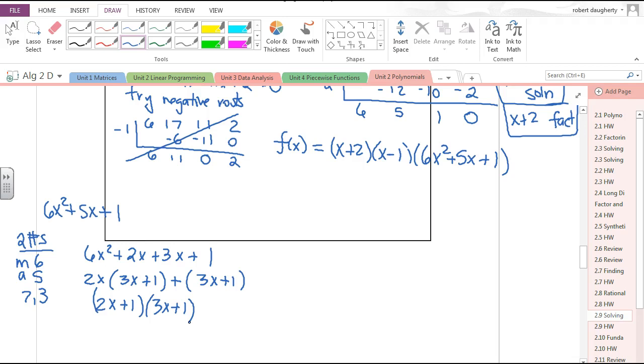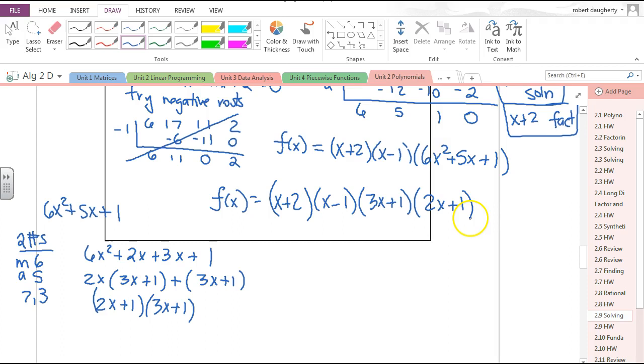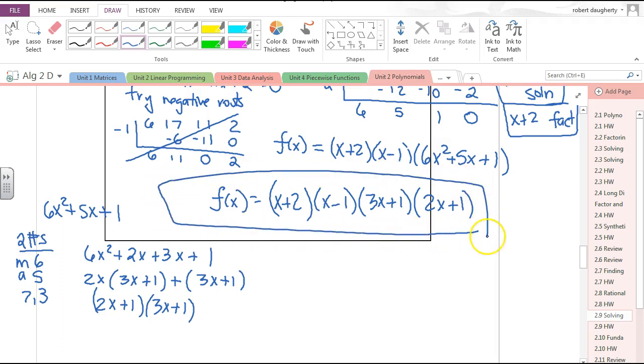Okay. So the final factorization is x plus 2, x minus 1, 3x plus 1, 2x plus 1. What are all the solutions or the roots?